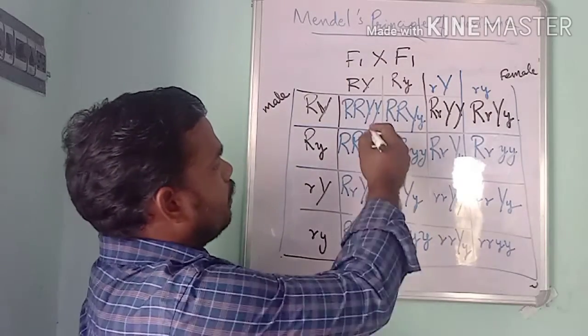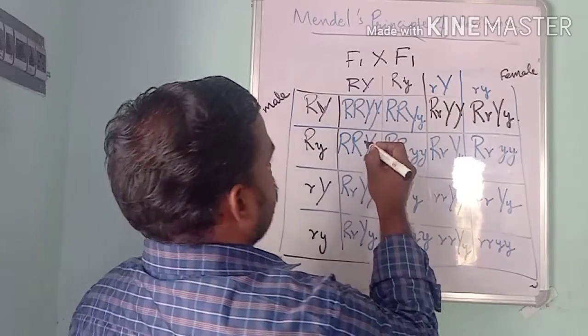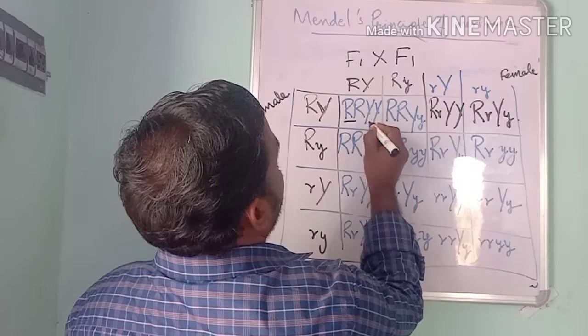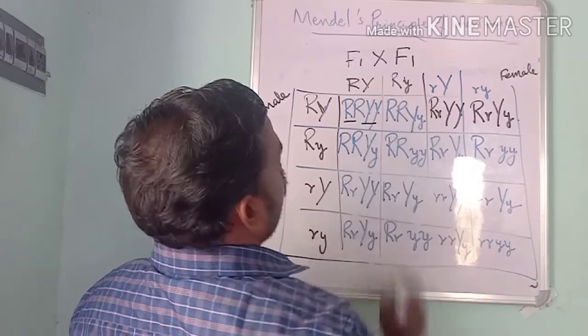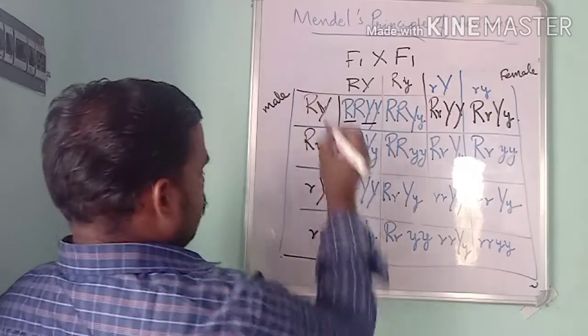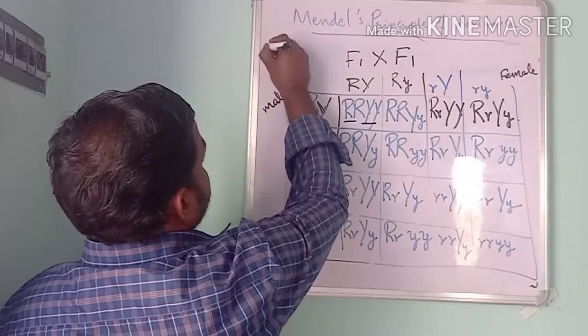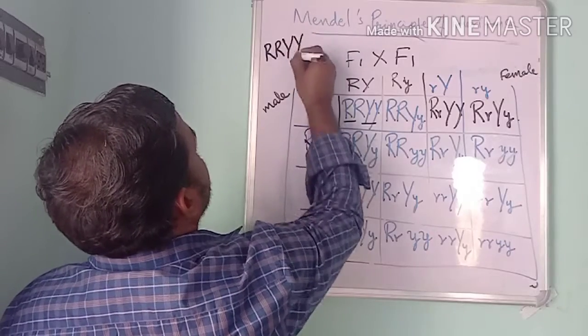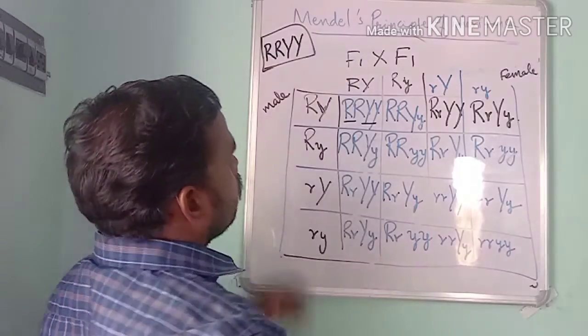Clear? Now look at the first one. We have to take capital letter R and capital letter Y. How many have both capital R and Y?